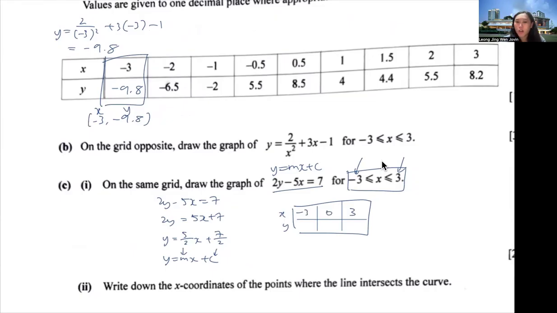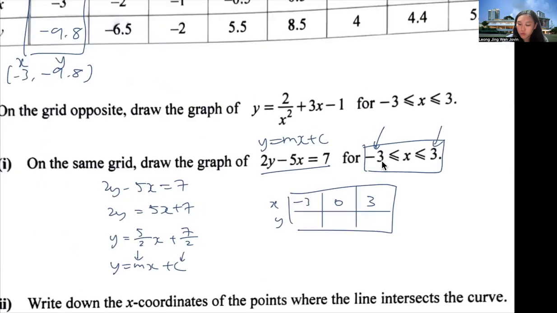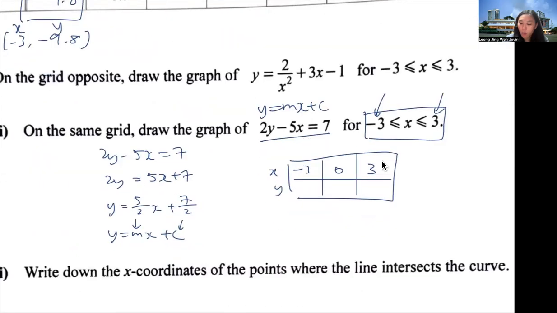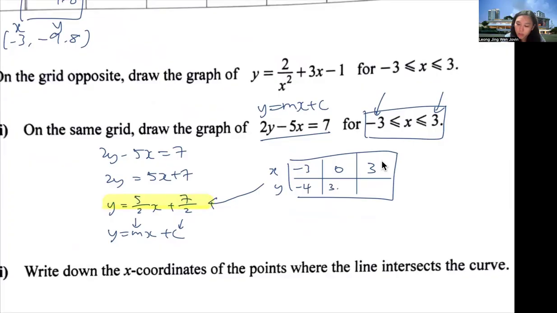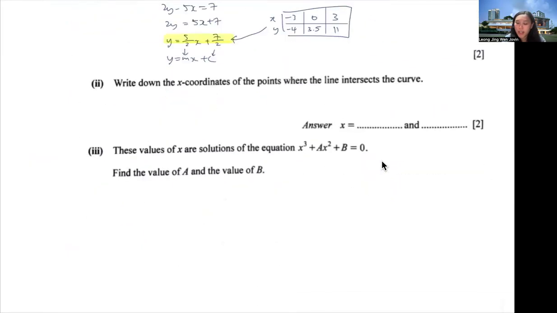Key into your calculator: if x equals minus 3, what do I get for y? I will sub it into this equation that I have simplified. You will get y equals minus 4. When x equals minus 3, y is minus 4. When x equals 0, y would be 3.5. When x equals 3, y would be 11. So these 3 points are more than enough to draw my line.